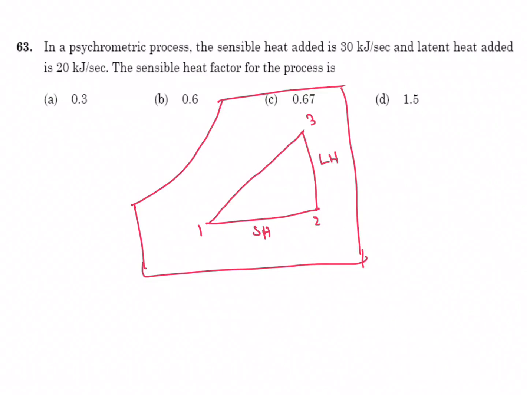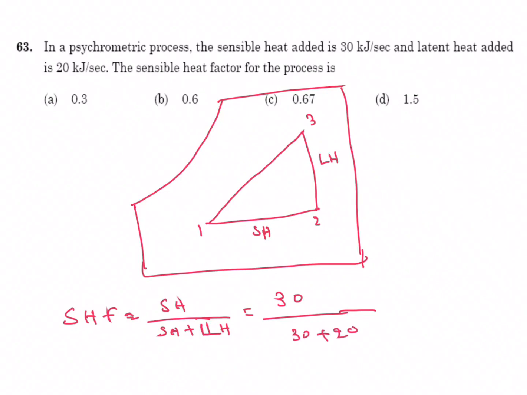So sensible heat factor, we have to calculate SHF. It's sensible heat by sensible heat plus latent heat. So sensible heat is 30 kJ per second. And sensible plus latent is 30 plus 20, so 30 by 50 or 3 by 5. 3 by 5 is 0.6. B is your correct answer.